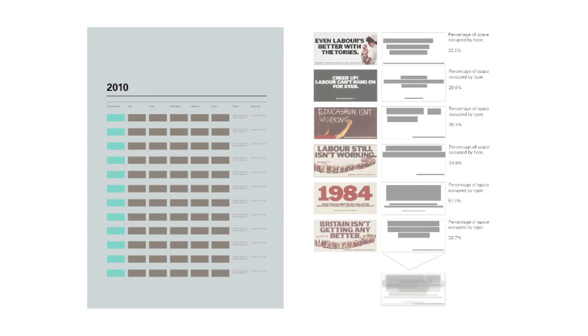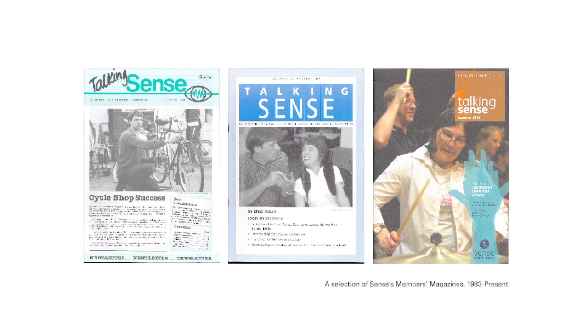And when I went in to see them, I had developed this process or this system looking at Conservative posters, but they weren't a political organization in the same sense. They were a different kind of political organization, and they had a different kind of body of visual material. And that comprised mainly of their members' magazines, which were really interesting to look at.